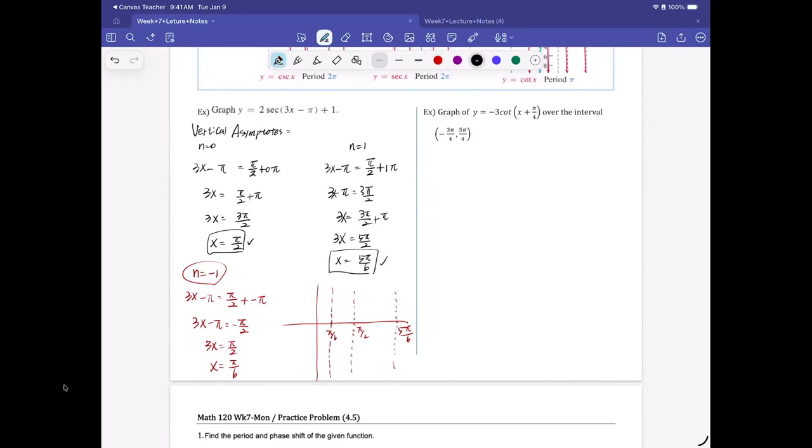So between pi over 6 and pi over 2, we have what? Pi over 6 plus pi over 2, divided by 2. So it'll be 4 pi over 6 divided by 2. So pi over 3, right? So this is the pi over 3.